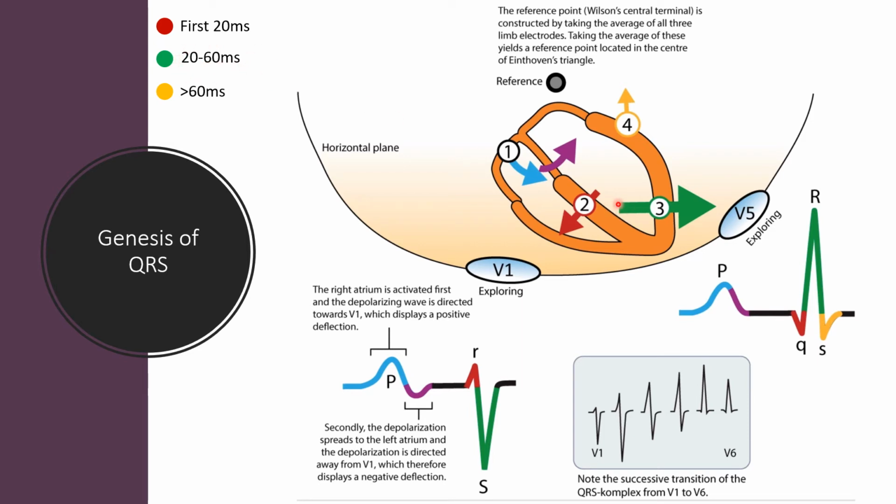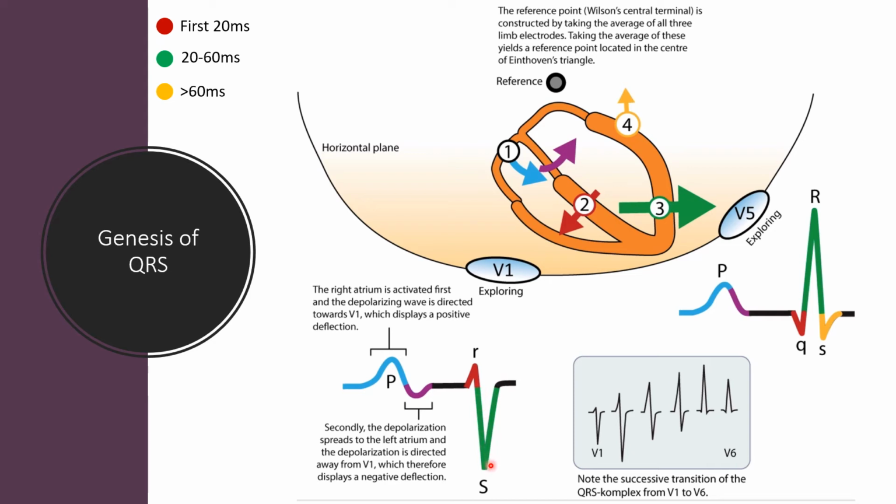So this waveform goes towards V5 and V6, and therefore you have a large positive deflection, a large R wave, in V5 and V6. That same depolarization, because it's going away from V1, is seen in V1 as a large S wave, or a negative deflection in the QRS complex.